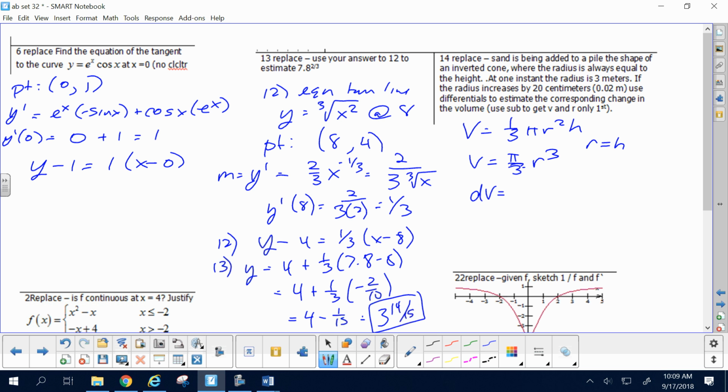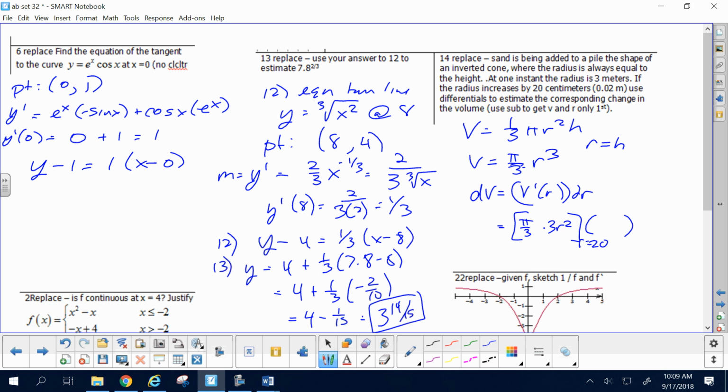dV then should be V prime dr. What is V prime? If I leave the pi over 3 and I take the derivative of r cubed, what is it? 3r squared at the previous point. Now the previous point was an r of 20. dr is by how much the radius will change.